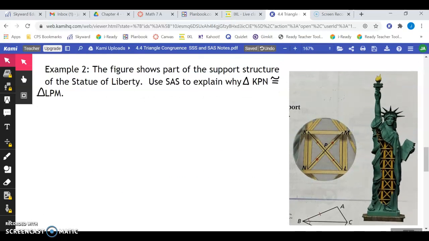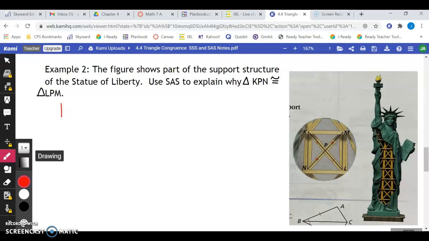So for example 2 here, we have a picture that's showing the support structure of the Statue of Liberty, and we have to use side angle side to explain why triangle KPN is congruent to triangle LPM. So looking at the picture there, the sides that have one tick mark are congruent, that's given. So segment KP is congruent to segment PL, and that's given by that picture.